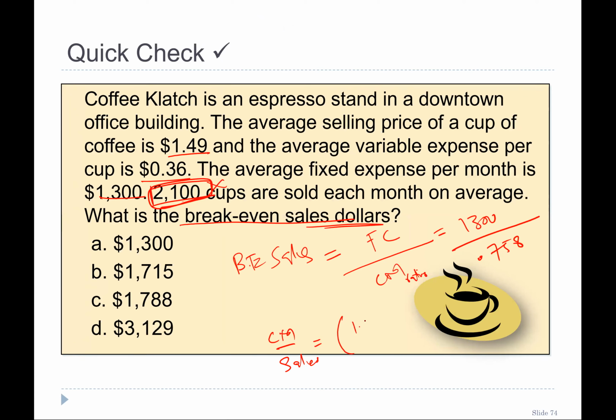CM is 1.49 minus 0.36 divided by 1.49, which is 1.13 divided by 1.49. Answer is 0.758 or 75.8%. So what is the answer here? 1300 divided by 0.758 is 1715. Do we have it here? Answer B.